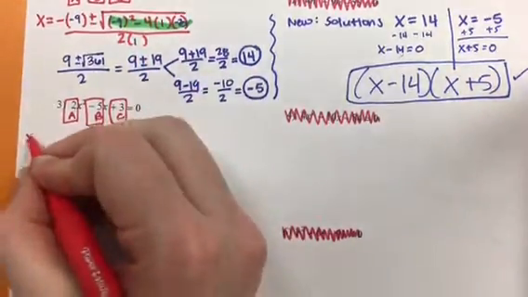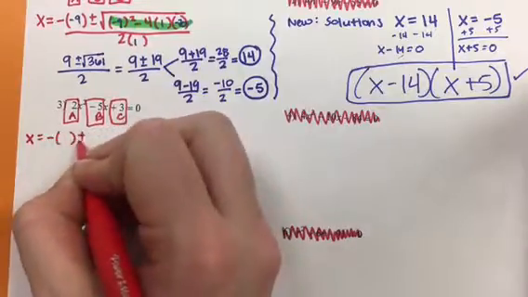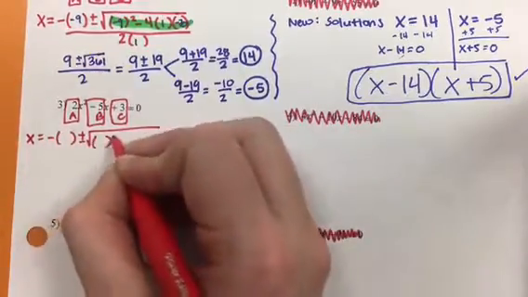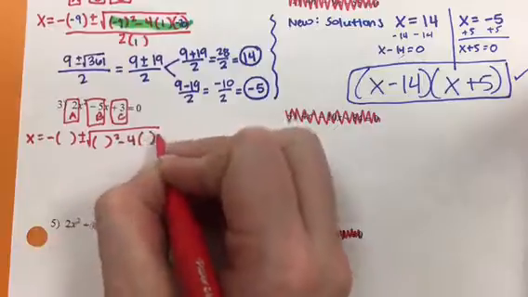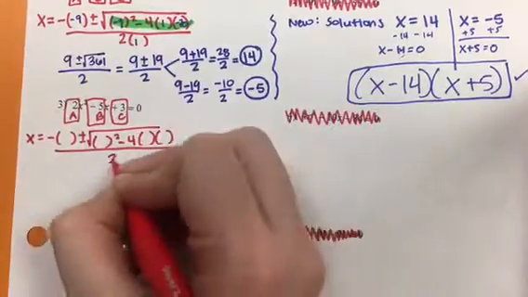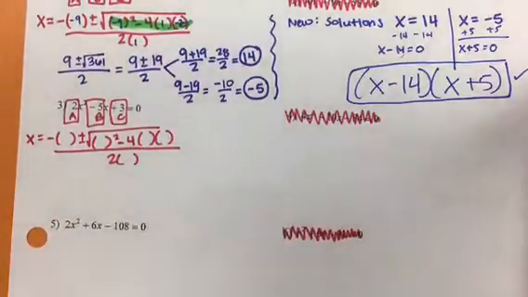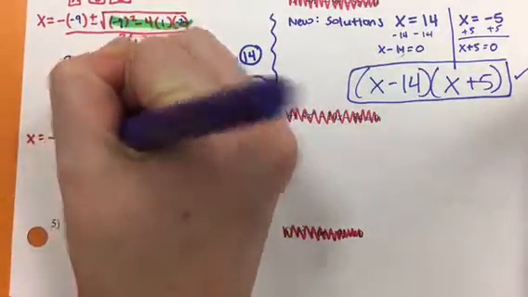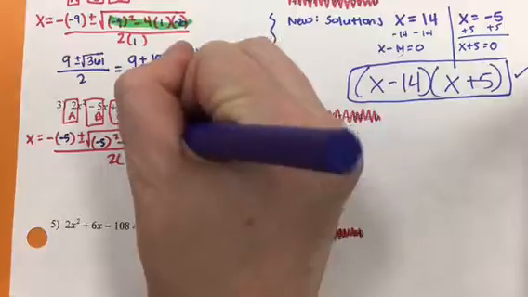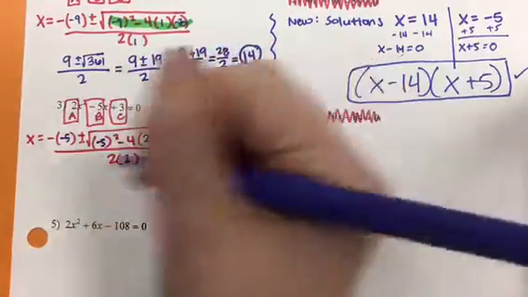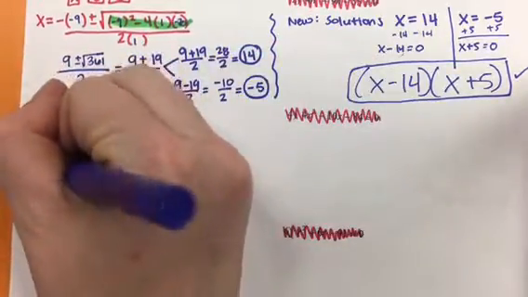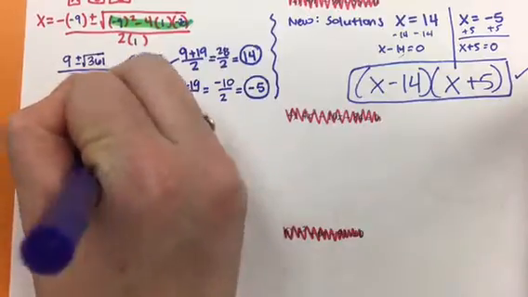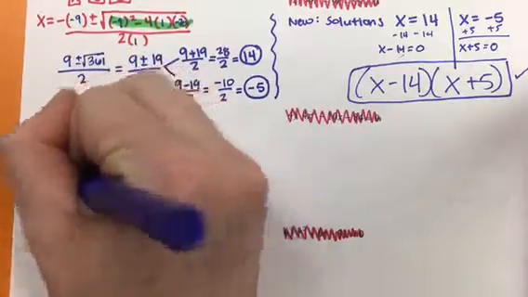Then I plug them in. x equals negative b plus or minus the square root of b squared minus 4ac all over 2a. Plug the values in. Negative negative 5, a, c all over 2a, which gives us two negatives make a positive 5, plus or minus the square root of 1.